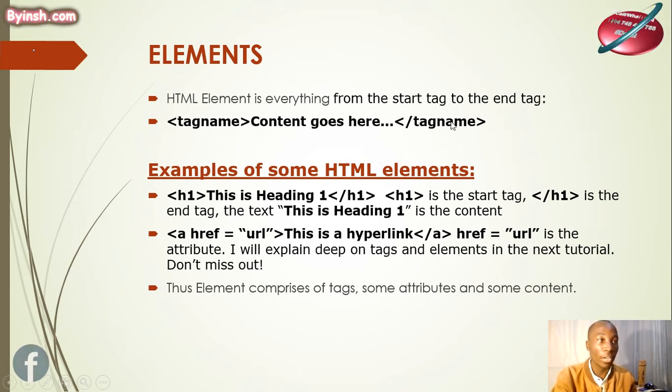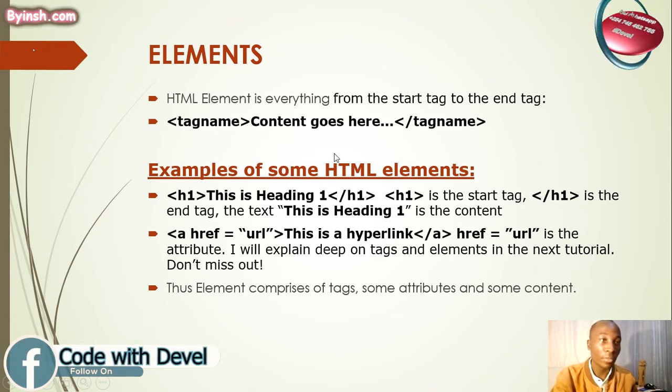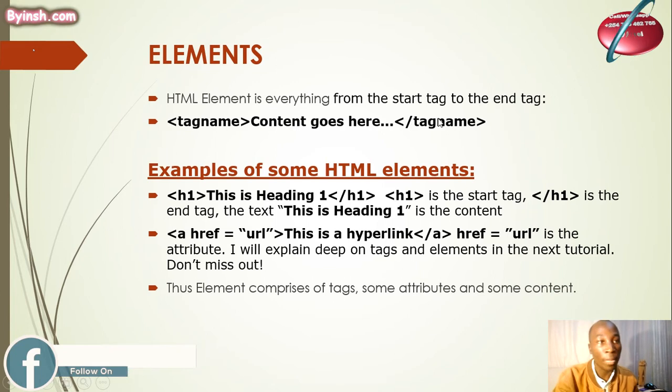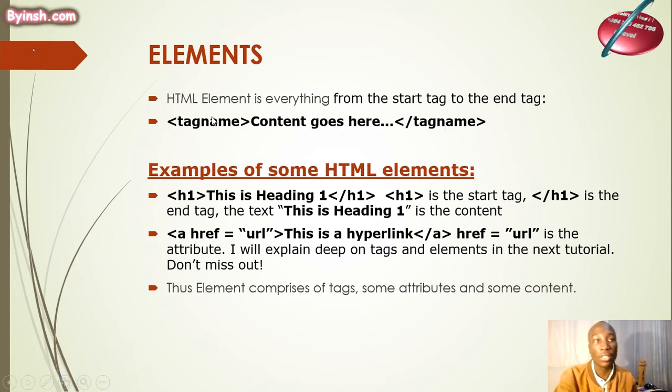So the tag name goes inside the angle brackets, and you will see they come in pairs. The last one has a slash, which signifies the end tag. This is the beginning of the tag and this is the end of the tag. I will explain in the next tutorial, so make sure you keep in touch. And the content goes here. So everything you are seeing on this second line is what we call the HTML element.